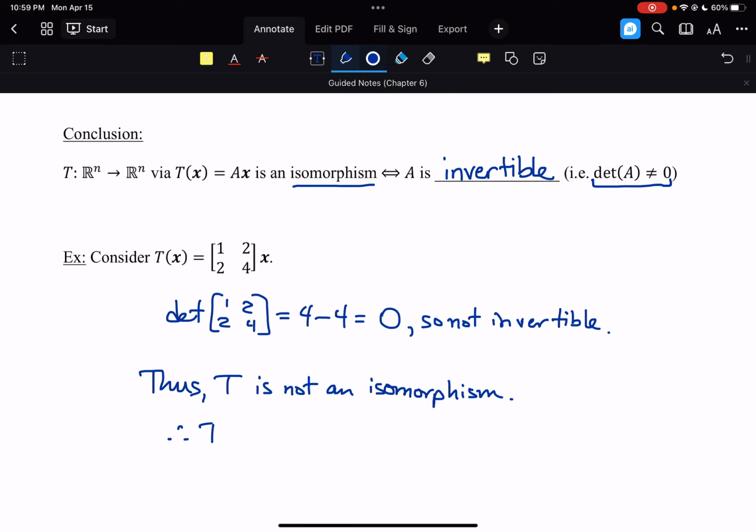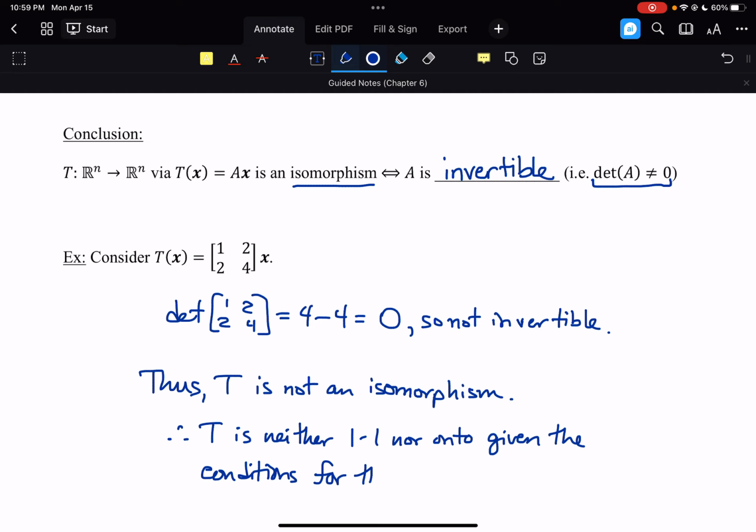So therefore, T is neither one-to-one nor onto, given the conditions for the matrix transformation.